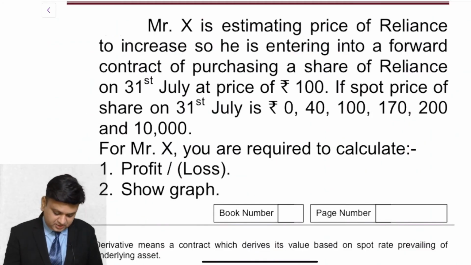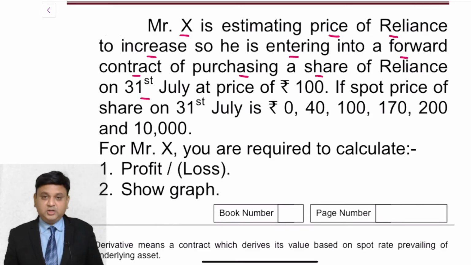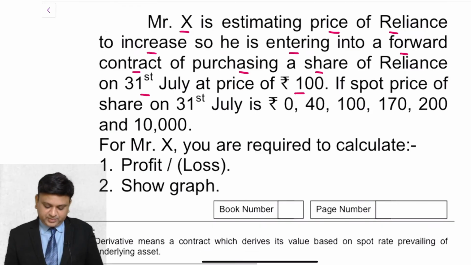Let us see our question. Mr. X is estimating price of the Reliance to increase. So he is entering into a forward contract of purchasing a share of Reliance on 31st of July at the rate of rupees 100.